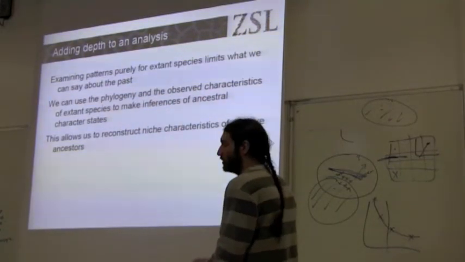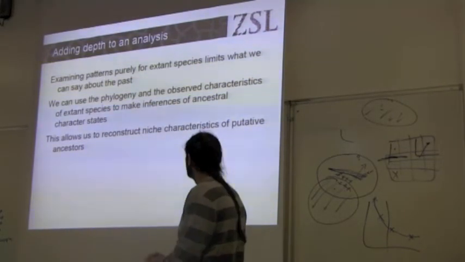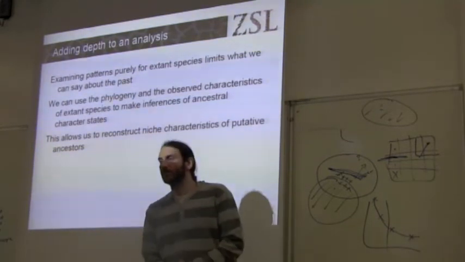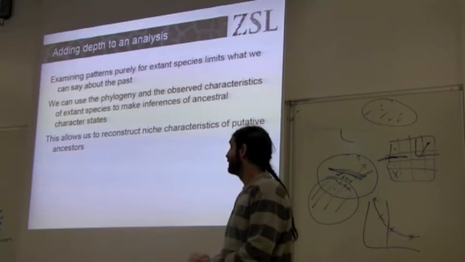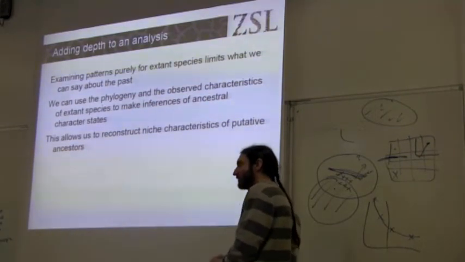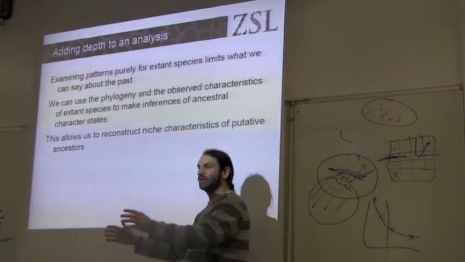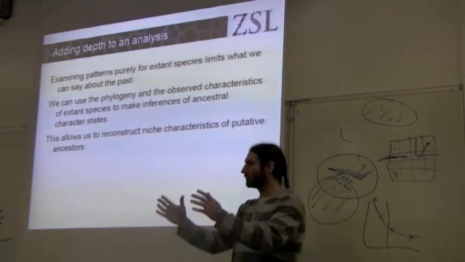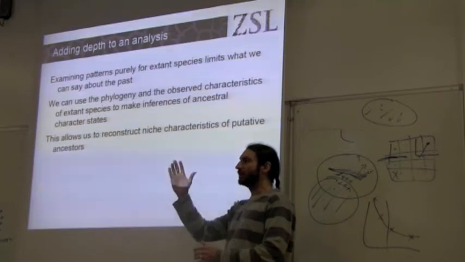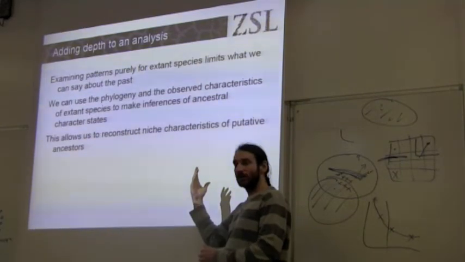So, examining just patterns for the present is limiting because it limits what we can say about development of niches through evolutionary time. But our phylogeny expresses relationships not just between extant species, but also between clades. So we can look at deeper nodes on our phylogeny, not just the ones towards the present.